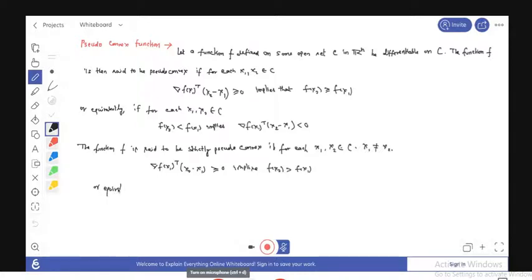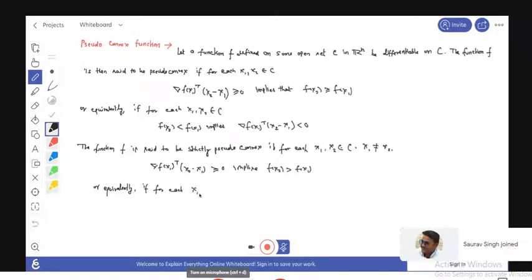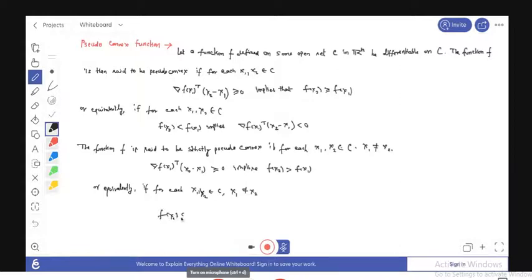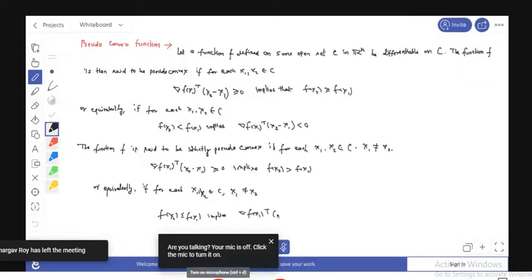Okay, or equivalently, you say if for each x1, x2 belongs to C, and x1 is not equal to x2, f(x2) less than or equal to f(x1) implies that the gradient of f(x1) transpose (x2 minus x1) is less than 0.